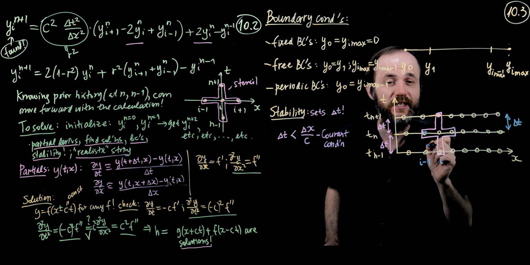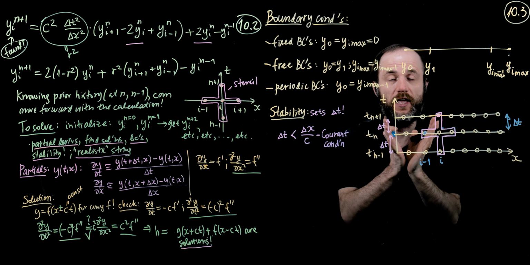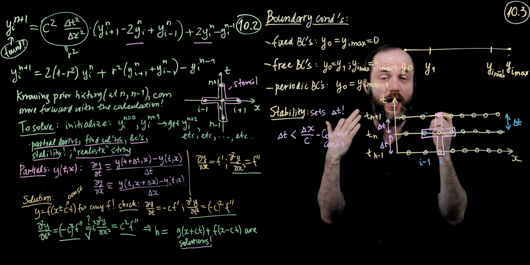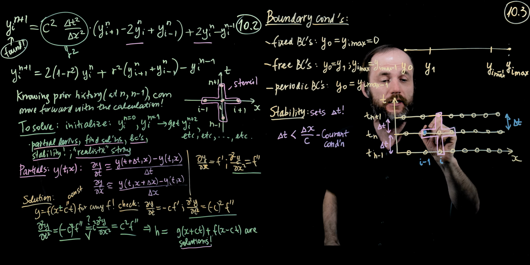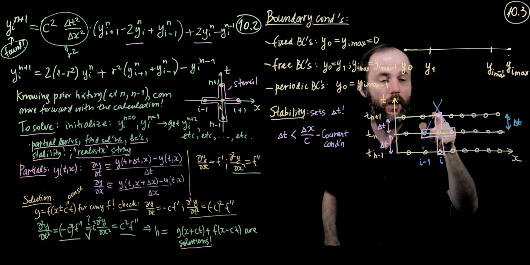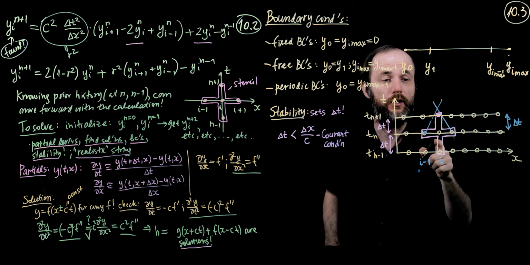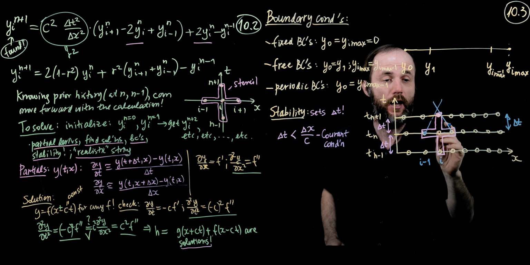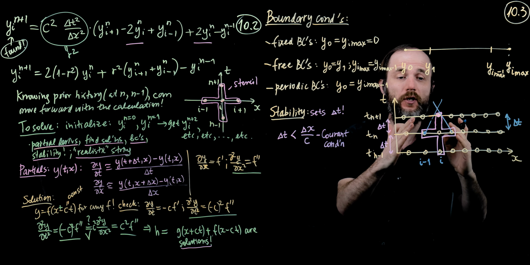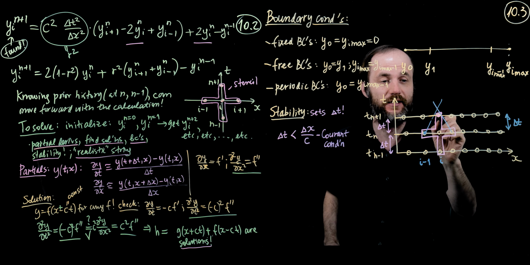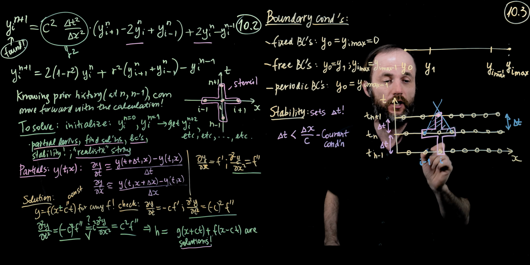So what it means is that if we were to send the waves left and right, they would need to enclose our solution point over here, such that no information from outside will have a chance to get inside of this triangle.